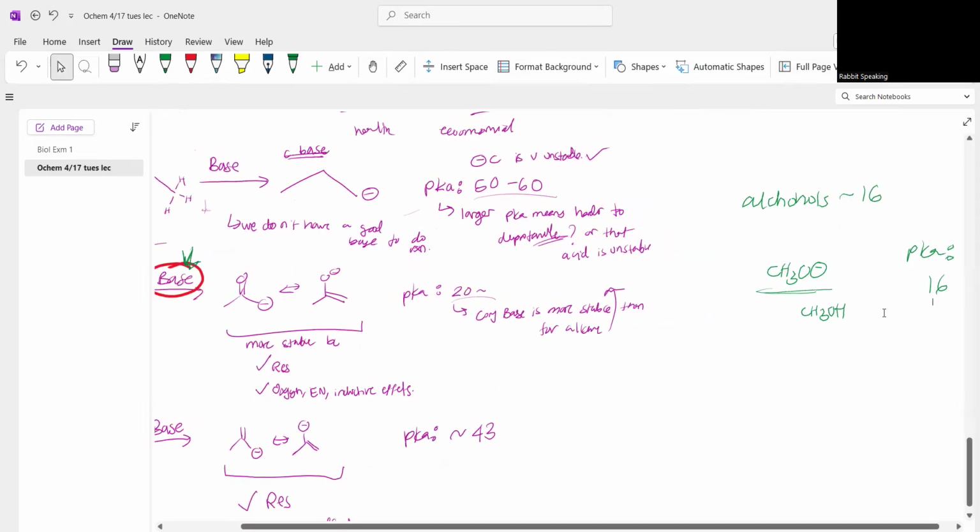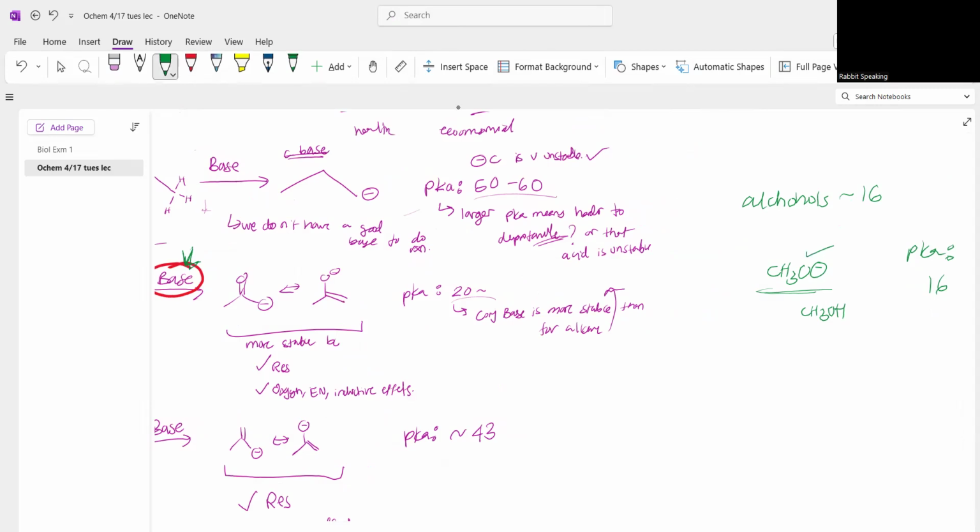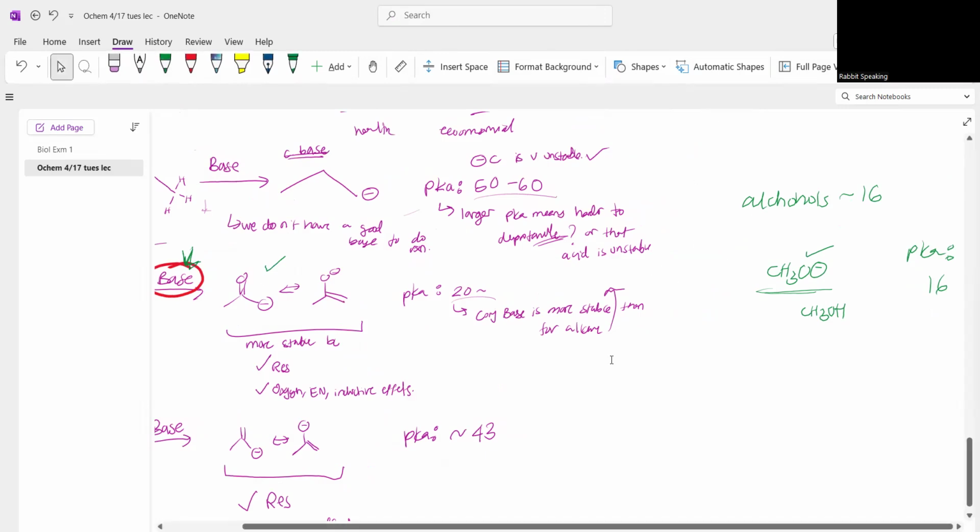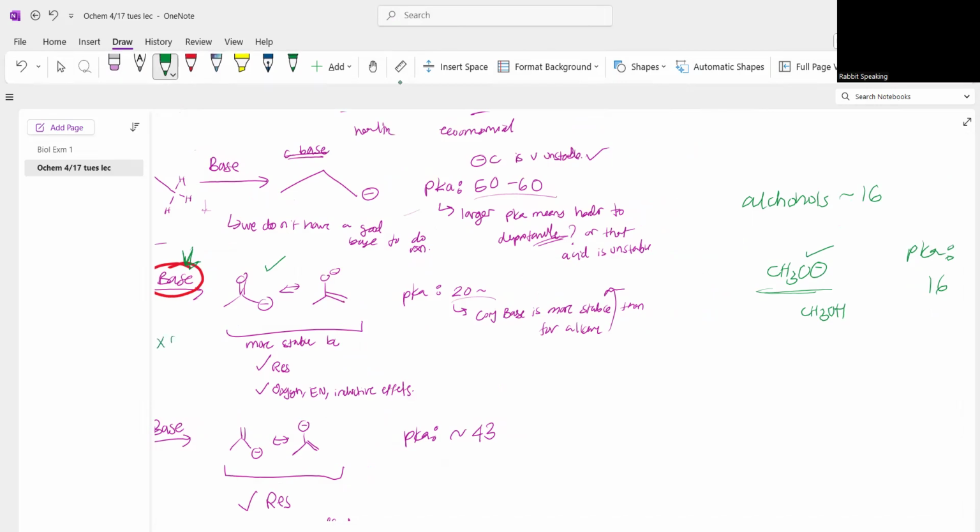I think how it works is it's more stable for this to stay in its deprotonated form than for it to help out over here and form this deprotonated form. So no, this won't work. Over here, I'll write we cannot use methoxide, which is CH3O minus.